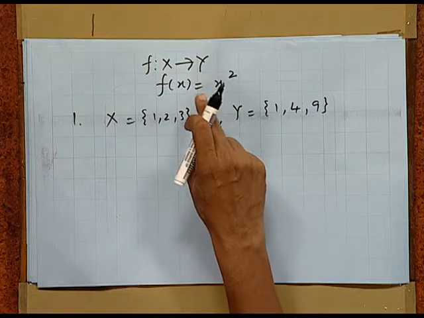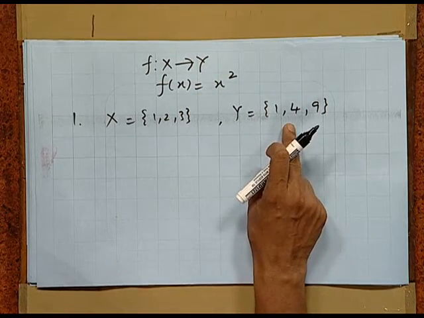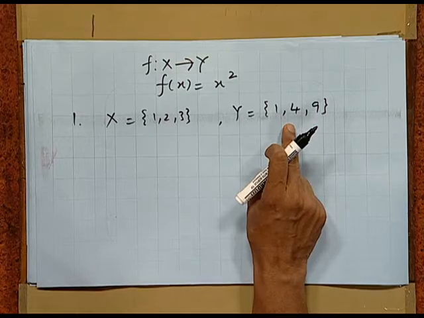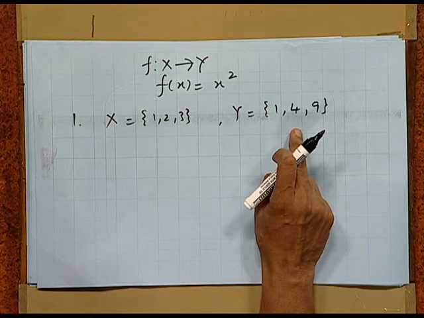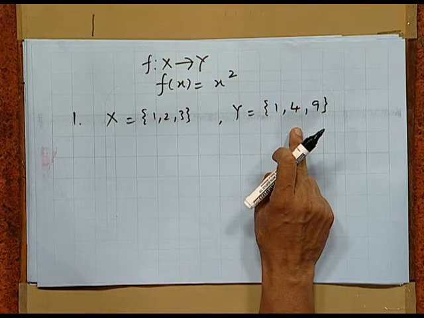Now, my question is whether it is a function in the first case where X is 1, 2, 3 and Y is 1, 4, 9. Yes, it is a function, because every element has an image. For instance, 1 has image 1, 2 has image 4, 3 has image 9, and no element has more than one image.